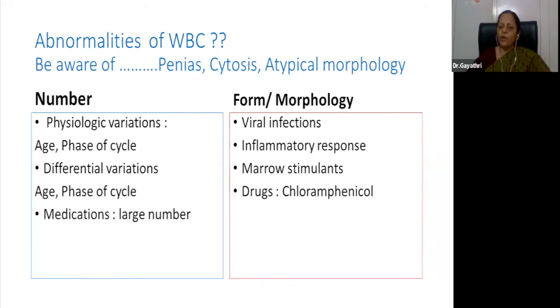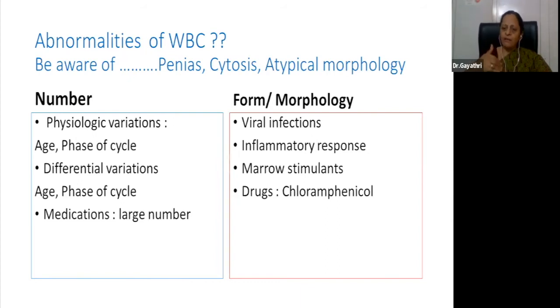In terms of abnormalities in the morphology under the microscope, we should be aware of the variations in WBC morphology in fairly common conditions like viral infections or common inflammatory responses. Sometimes patients are on certain drugs, especially marrow stimulants like the colony stimulating factors.